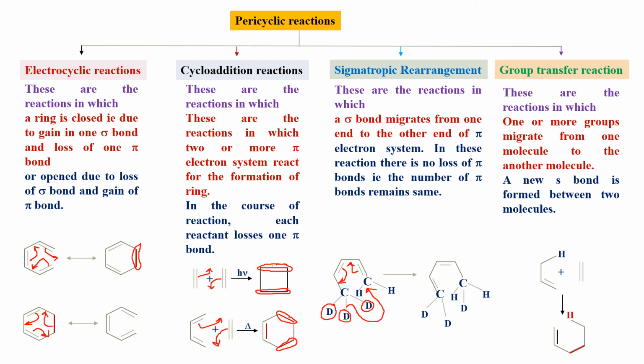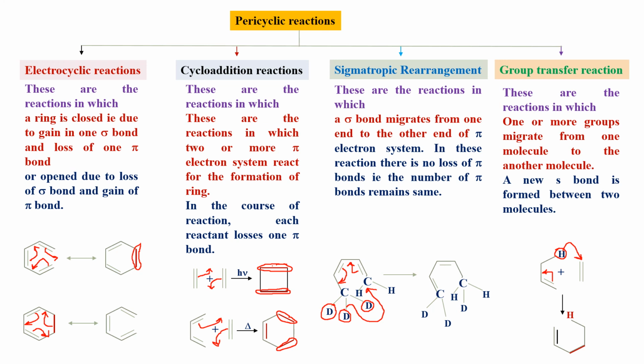This group shifts from this molecule to this molecule at this end, and there will be a breakage of this bond. Now hydrogen will be linked with this carbon atom, not with this. As a result, this bond will be shifted between these 2 carbon atoms, 1 and 2.